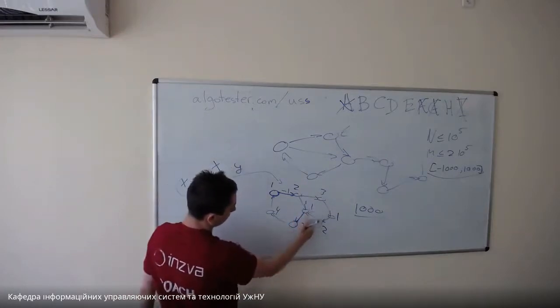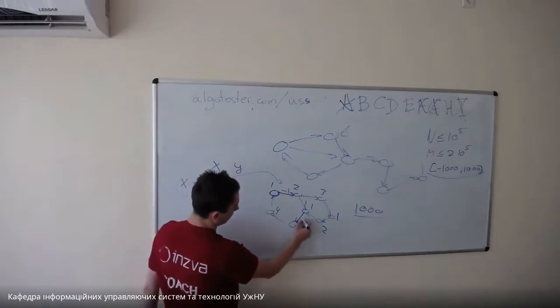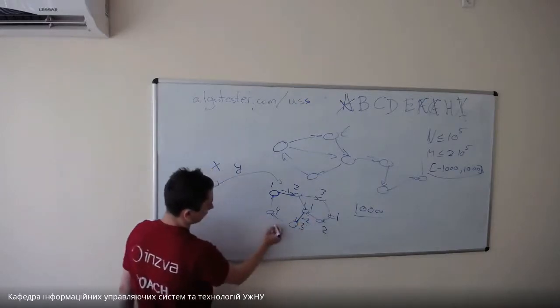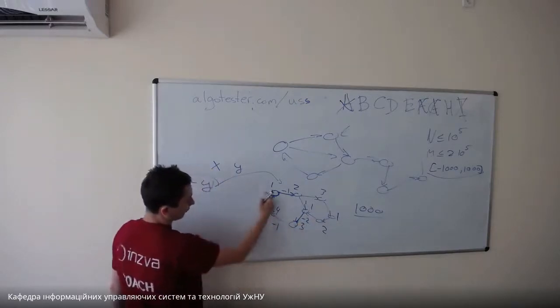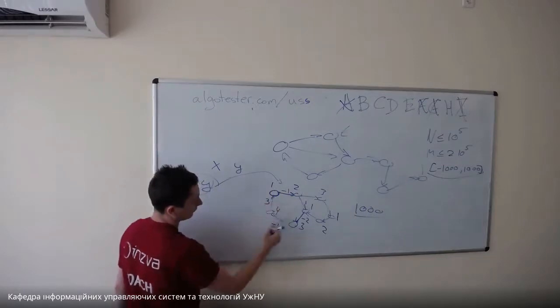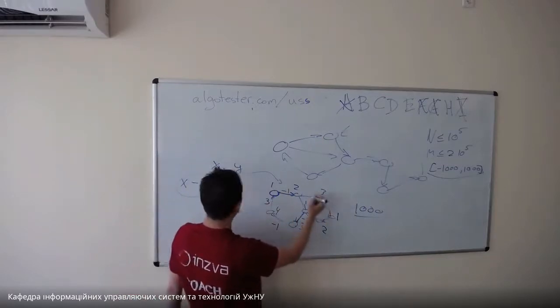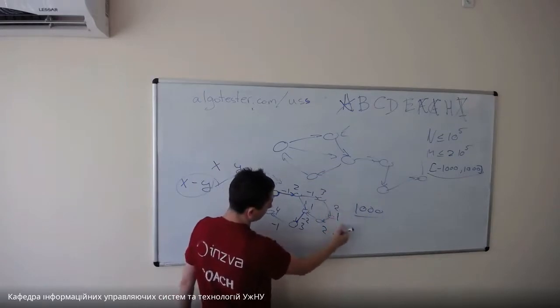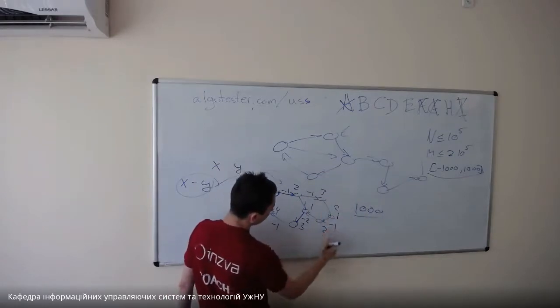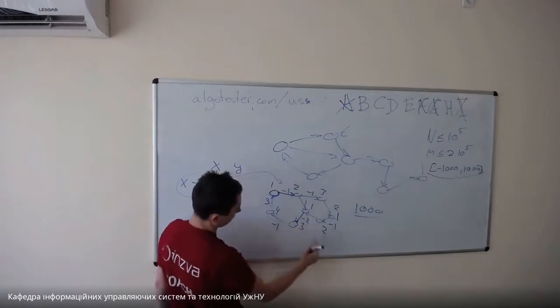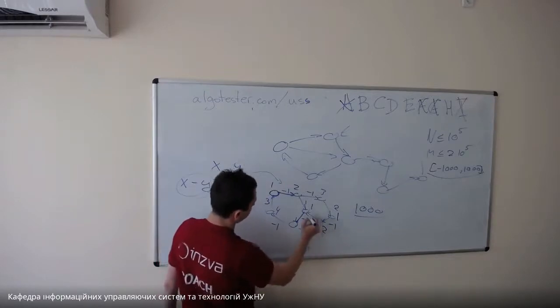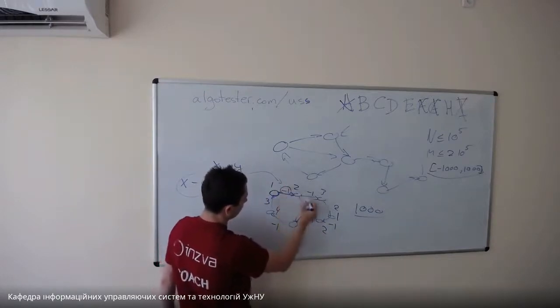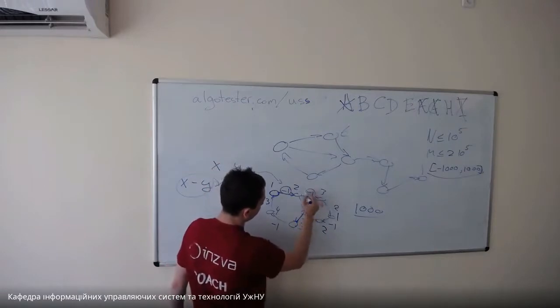In this case, we go from 1 to 3, and the weight is -2. In this case, from 3 to 4, the weight is -1. From 4 to 1, the weight is 3. From 2 to 3, the weight is -1. 3 to 1 is 2. 1 to 2 is -1. And from 2 to 1, it is +1. I will circle the weights of edges.